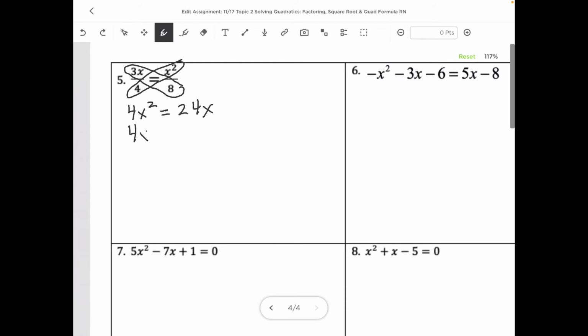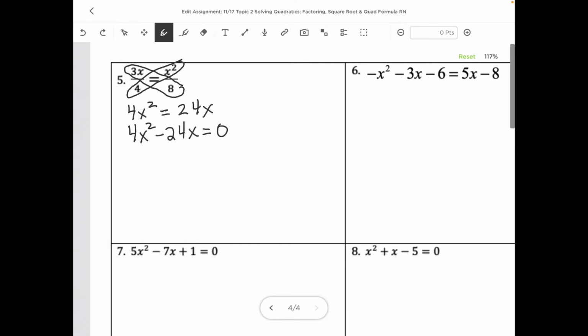Now, this is going to be a binomial. So when we put it in standard form, 4x squared minus 24x equals 0, we see that we don't have a c term. We have an ax squared minus bx. So we're not going to factor by square rooting because that only happens when you have a squared term and a constant term. We're not going to factor by trinomials because this isn't a trinomial.